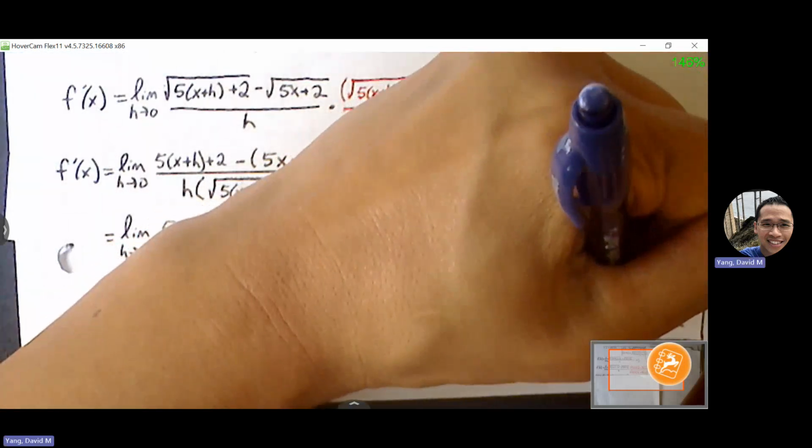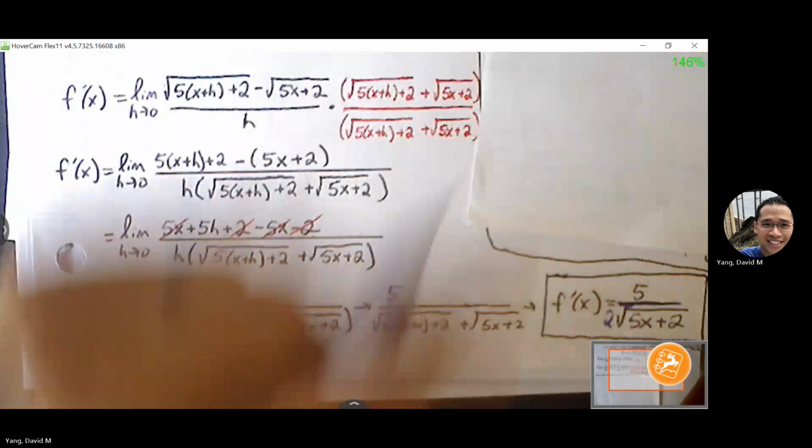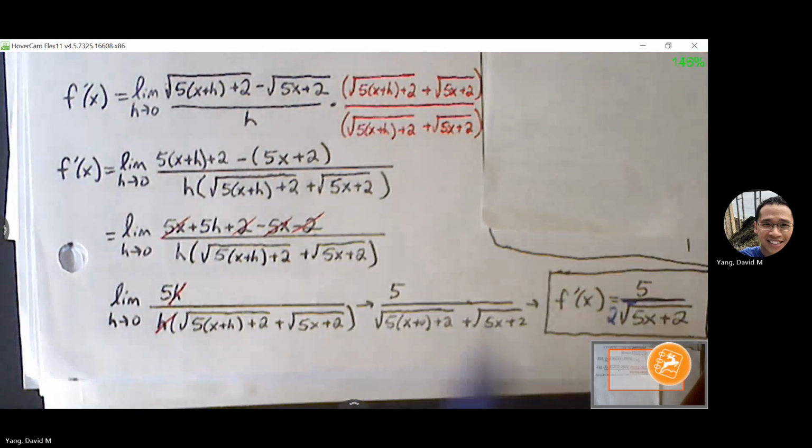Should be 2 at the bottom here, right? Do you guys get 2? Okay, sorry. So in the end, we'll get root 5x plus 2 plus root 5x plus 2. There's 2 of them here, so there's 2 radical 5x plus 2.